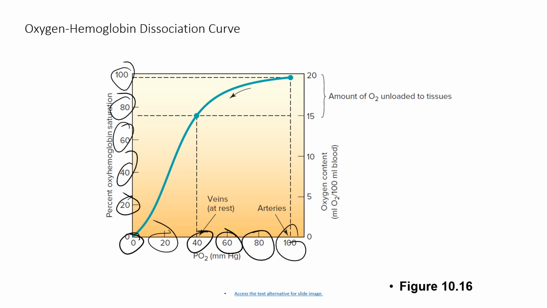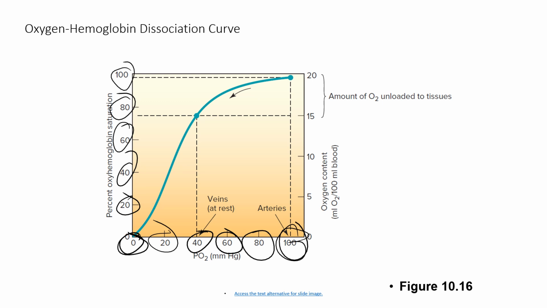So what the oxygen-hemoglobin dissociation curve does is it shows you on the x-axis the partial pressure of oxygen within the blood plasma and thus the intracellular fluid of the red blood cells, right? That could be, in our example, from 0 to 100 millimeters of mercury.